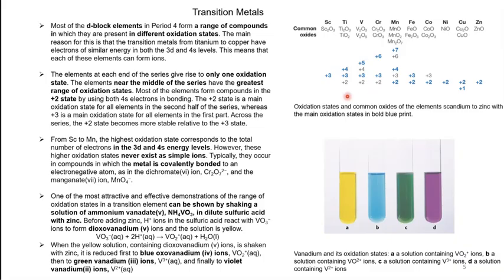You see that scandium has only one oxidation state and zinc only one oxidation state. The rest, all of the elements in this period, have different oxidation states, and the blue marked oxidation states are more stable than the other oxidation states.